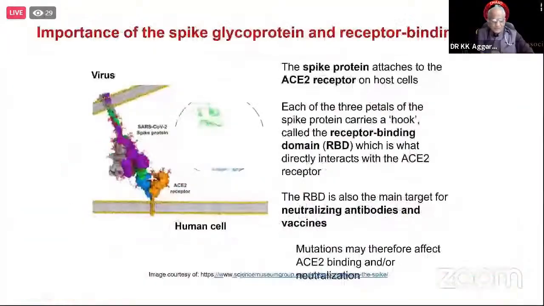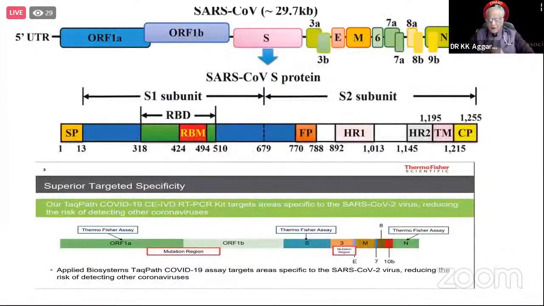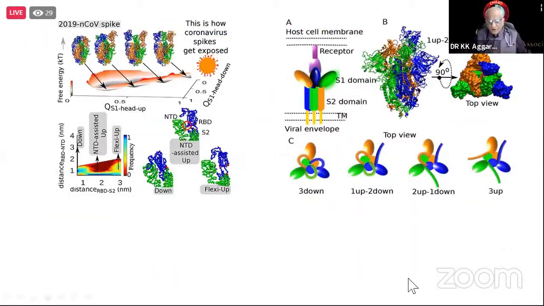Now we come back to the most important thing. These are called closed on the right side, where all 3 are down. Then we have 3 different types of configurations. It can be 1 up and 2 down, that is incomplete closure. Then 2 up and 1 down. And third is all 3 up.